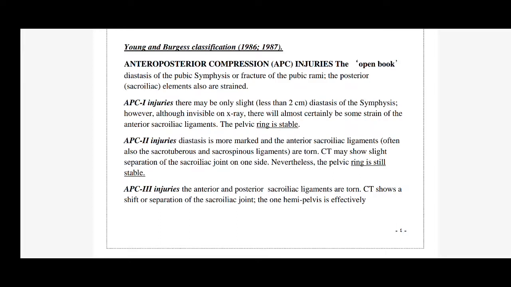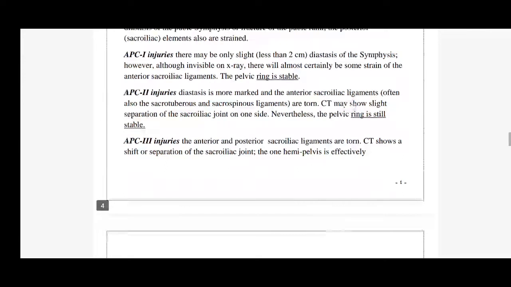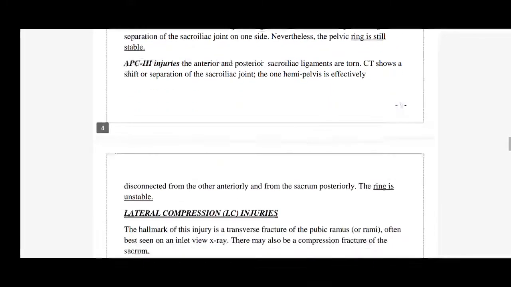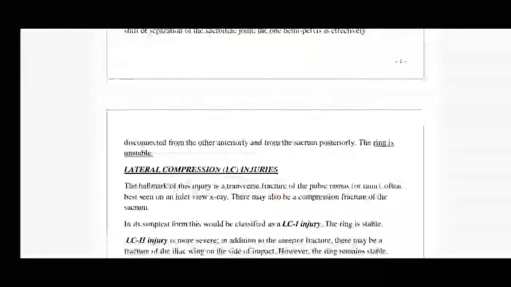Also, CT may show slight separation of the sacroiliac joint on one side. But with all these, the pelvic ring is still stable. Anterior posterior compression type 3: the anterior and posterior sacroiliac ligaments are torn, and CT shows shift or separation of the sacroiliac joint. This affects one hemipelvis, and this means the ring is unstable.